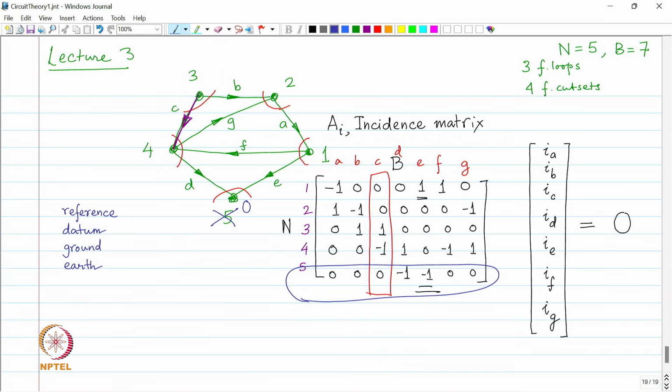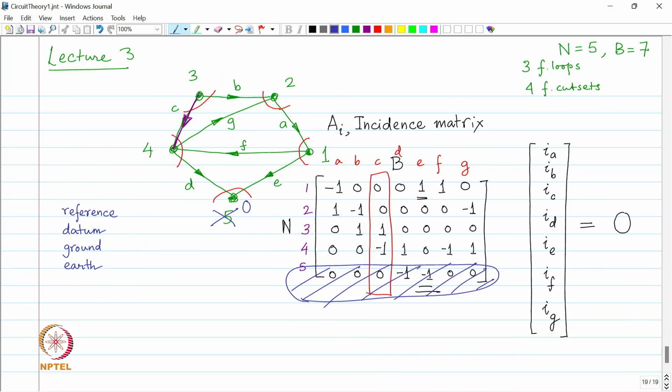What are we doing? We have simply taken the last row and said, I do not care what happens over there, I do not need it. We are going to call this extra, all right. And this last node, instead of calling it node number 5, I decide to call it node number 0.